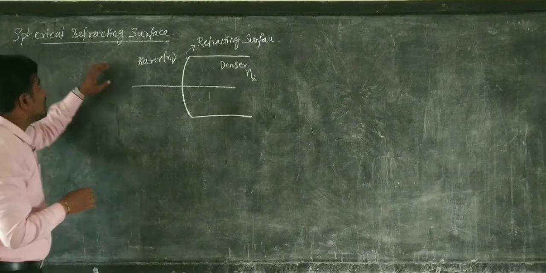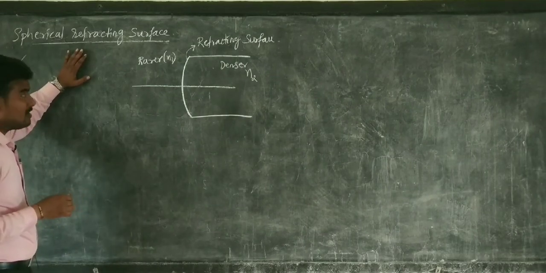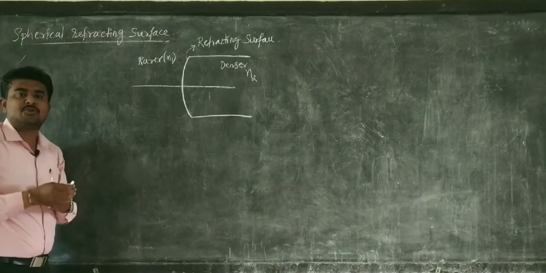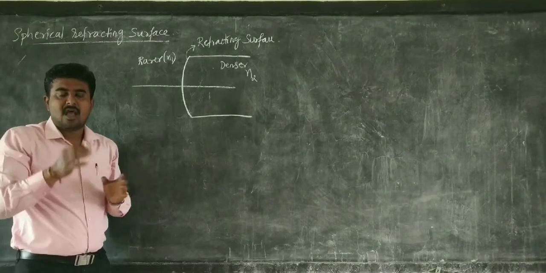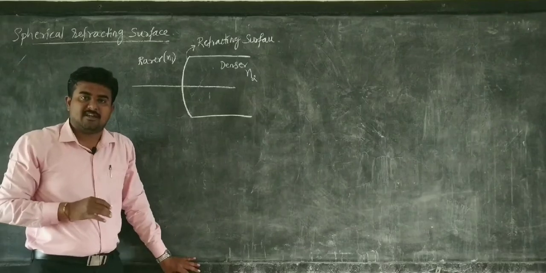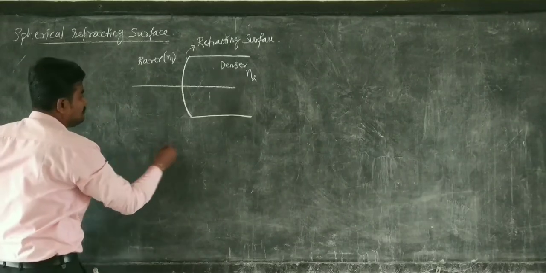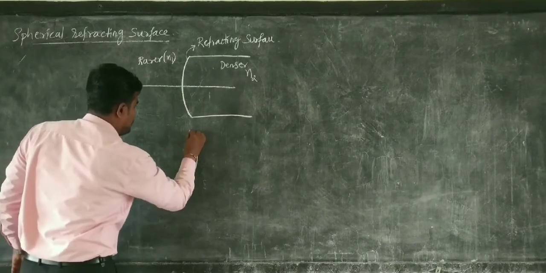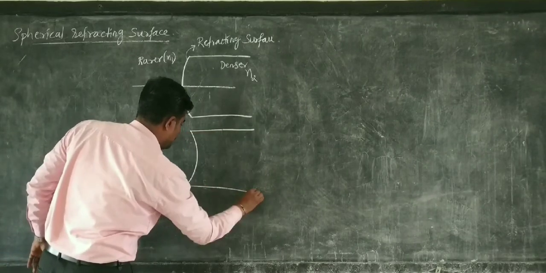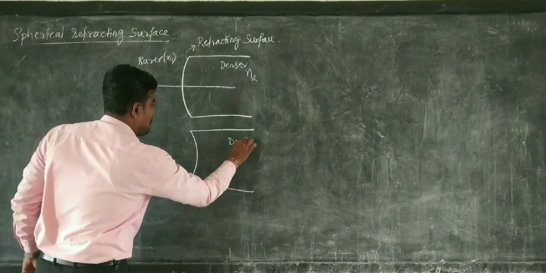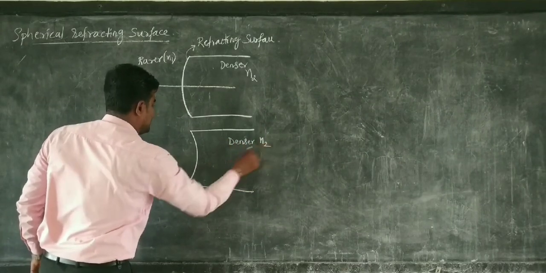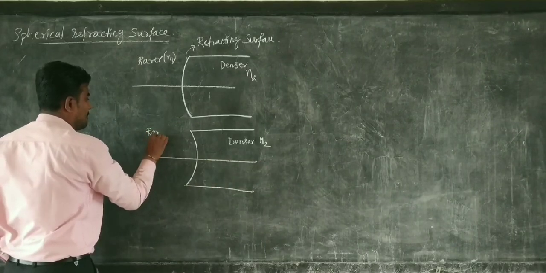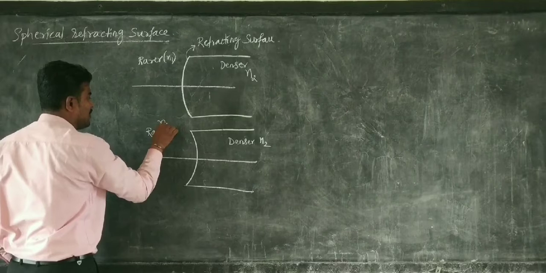Then what is a spherical refracting surface? Initially it is a sphere of which a small part is taken. See here, we shall take another diagram. This one is denser, let us say it is N2, and this is the principal axis, and this is rarer, which has a refractive index of N1.